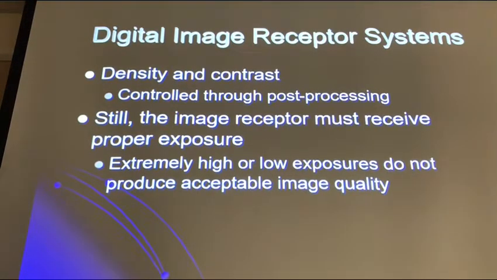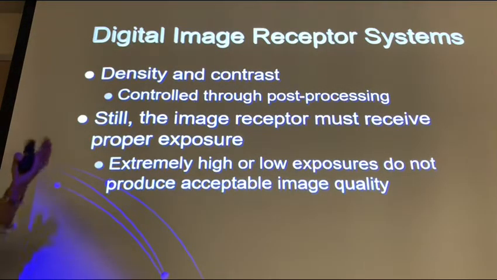Remember that you might underexpose the patient by 50%, and the density is still fine. You're going to have quantum mottle, but the overall density of the image looks the same. You can overexpose the patient 300%, 200%, and the system will make it work. The density will look fine, but the patient was overexposed.